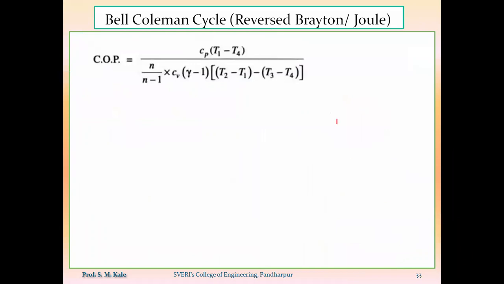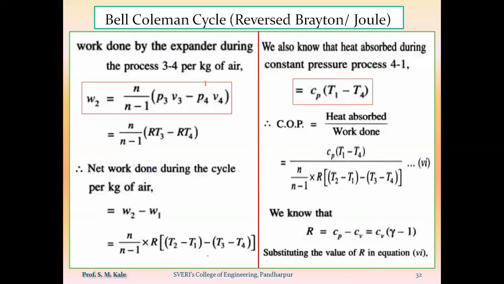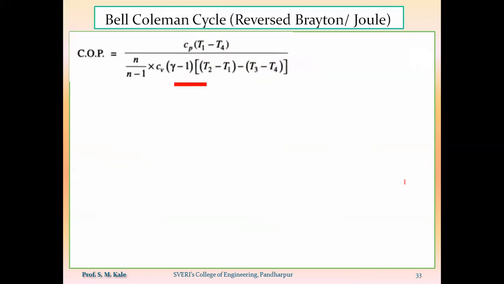So Cp into T1 minus T4 as it is, n upon n minus 1. Instead of R, I put Cv into gamma minus 1 inside the bracket. The same terms will be there: T2 minus T1 minus T3 minus T4.